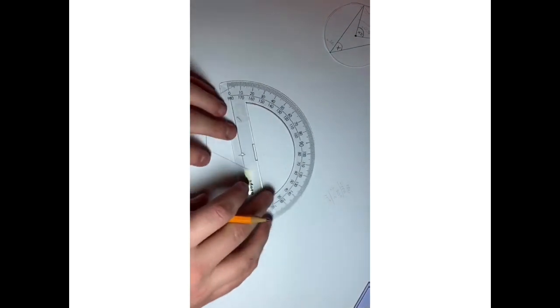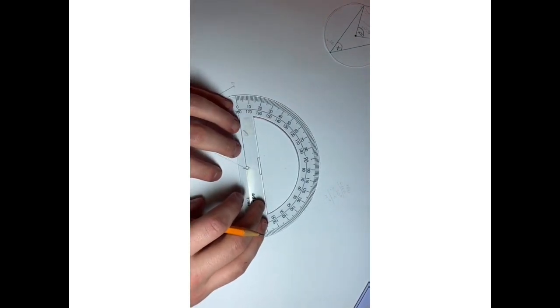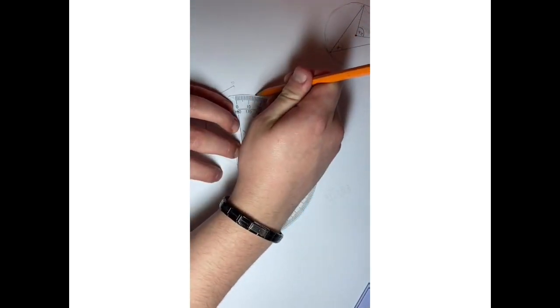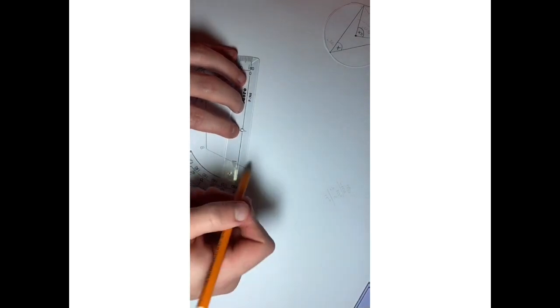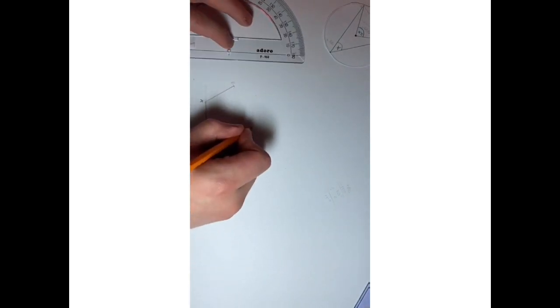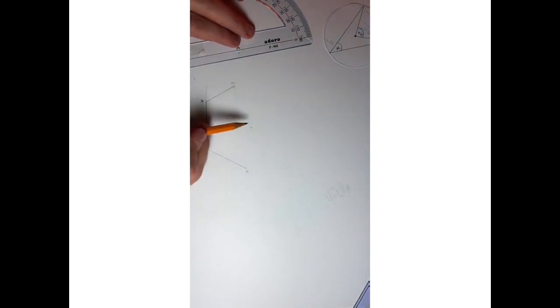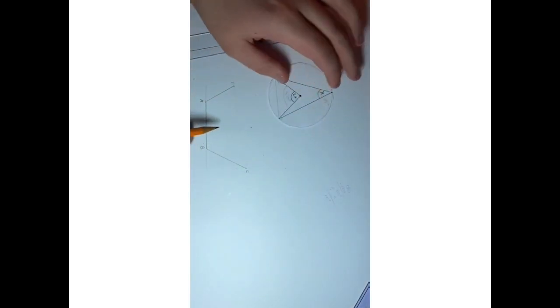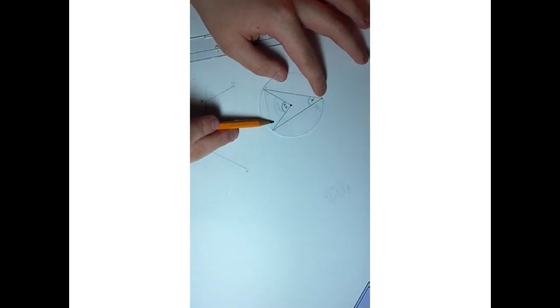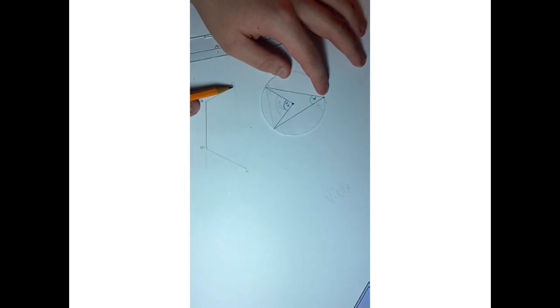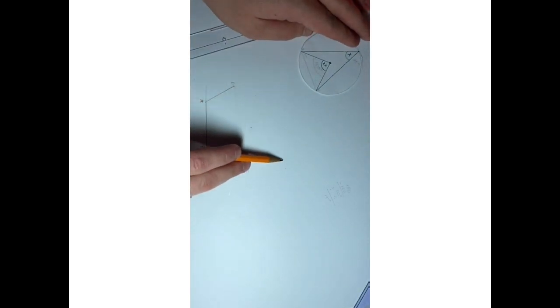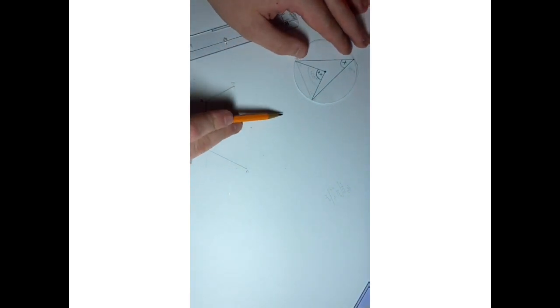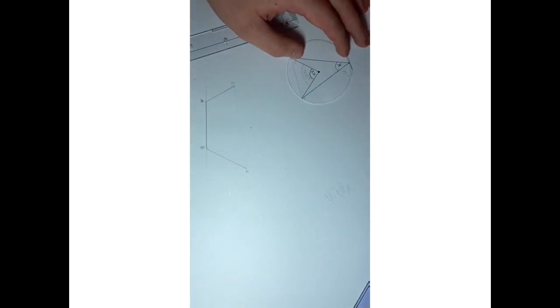Where these two lines meet will be the center point for a circle that we can swing. The circle will cut through points D and C and also this top line here. And where that circle cuts this line, that will be our point E.